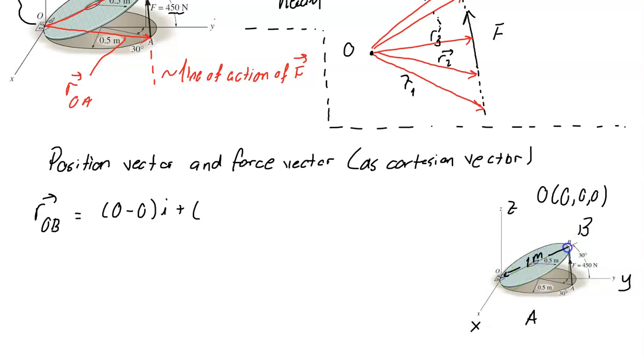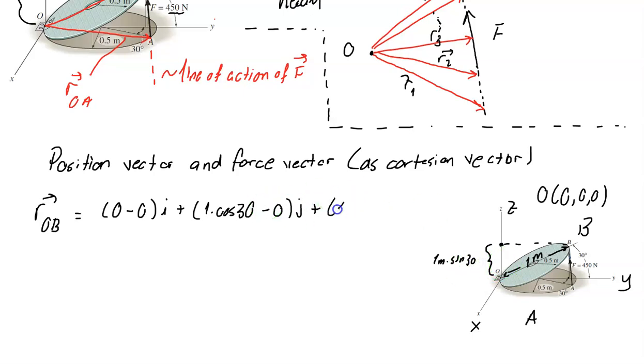1 meter, that's the length, and the projection of this 1 meter is at 30 degrees, so 1 meter times cosine 30, so cosine 30 would be the projection, which would give the y coordinate for B, so 1 times cosine 30 minus 0 J. And for the K, the Z coordinate of B, which would be this one, here 1 meter times sine 30.